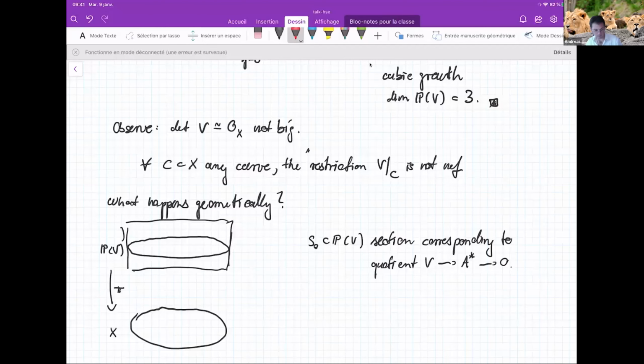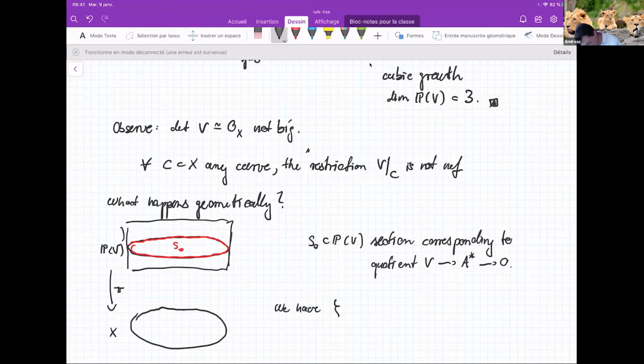It's a section, and I claim that this section will explain why things are going so badly. So first observation: if we look at the restriction of the tautological class to this surface S0, then by construction of the tautological class, I get A star. So this is anti-ample.